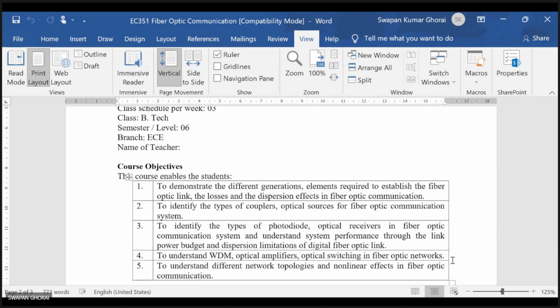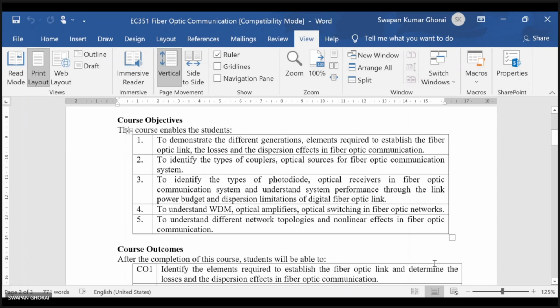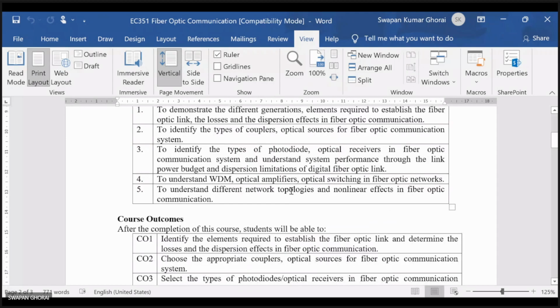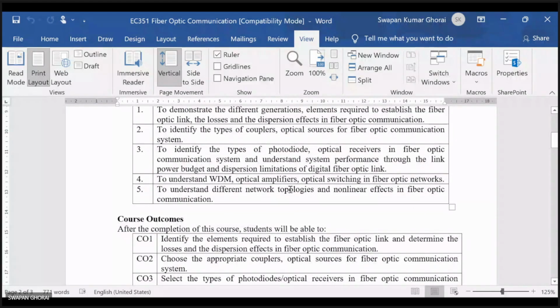Those things arise if you want to increase the data rate in fiber systems. So those are the objectives of the course, and if you study all of them, you will see what you can do.